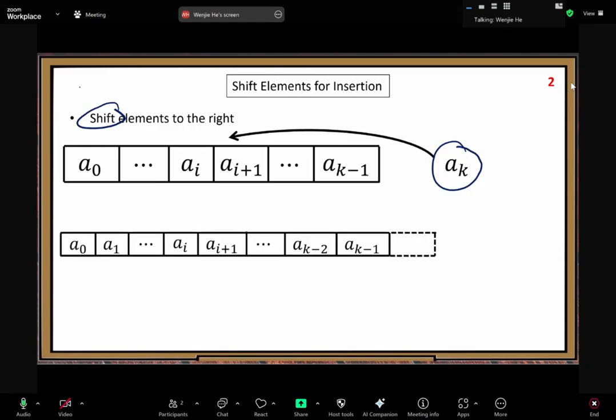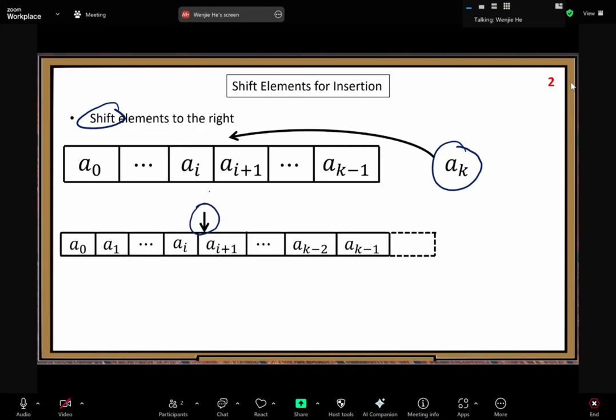When we start, here we can assume the new element eventually will be located somewhere. Here let's use this arrow to represent its right position in the array. But when we find this place and provide a vacant location for this new element, we need to do some work, right?